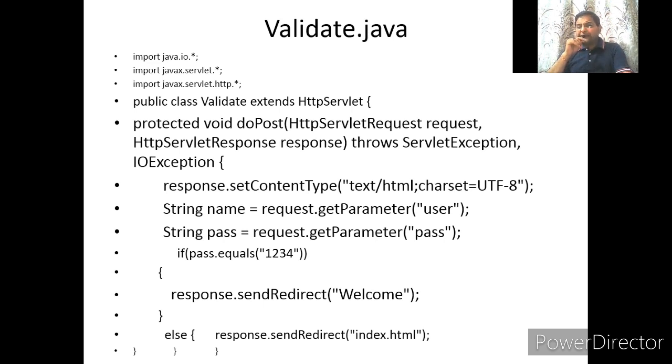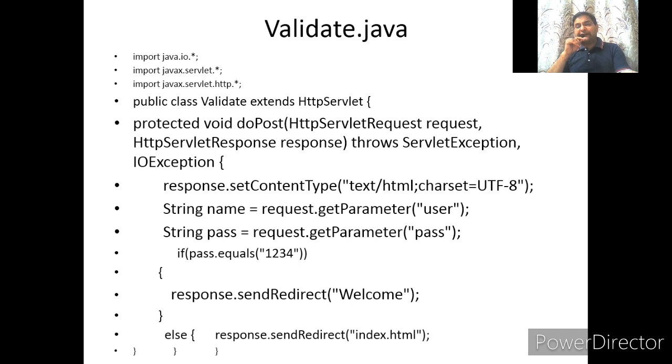If pass.equals 1234, what is the meaning of this? The pass variable which is receiving the user password is compared here. If the user has entered 1234 as the password, then the if condition will be satisfied.